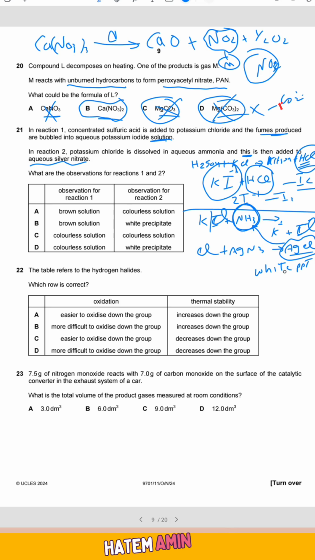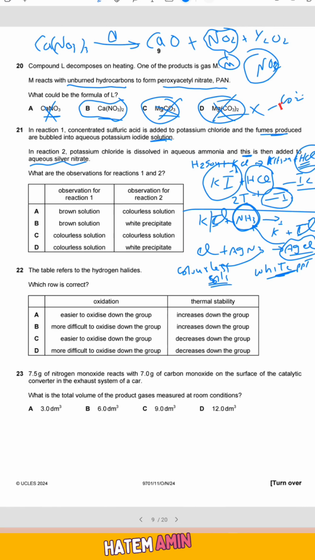So the white precipitate is initially formed and we can observe it, and then the silver chloride dissolves in NH3 and gives us a colorless solution. So the first reaction gives us colorless fumes, and the other one gives a colorless solution.